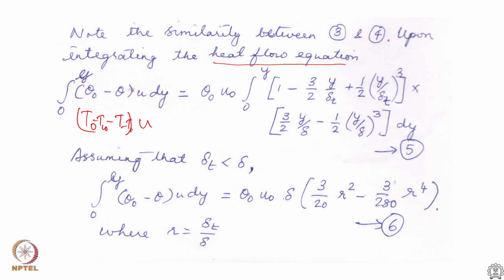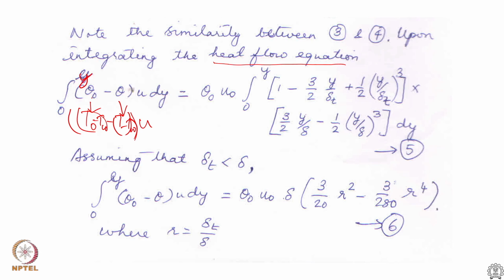So, that is just theta naught minus theta, and times u dy, and this integrand has the limits of 0 to y. So, if you pull theta naught, which is a constant, and u naught, which is a constant, we substitute for theta naught minus theta and u from the previous derivations, we substitute that over here and we get equation number 5.